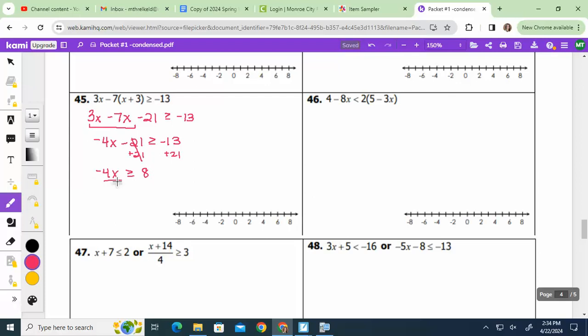When I divide by a negative 4, what happens? So it's x is less than or equal to negative 2. Alright, do you guys remember, when do I use open and closed circles? Which one's which? Equal to gets a closed, not equal to gets an open. So because we have an equal to at negative 2, we get a closed circle, and then it's everything less, so to the left.